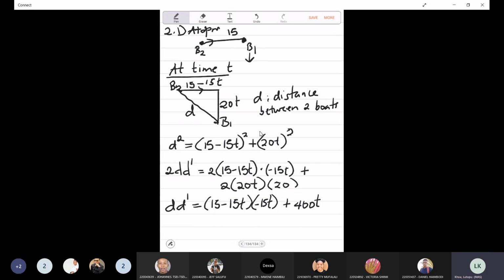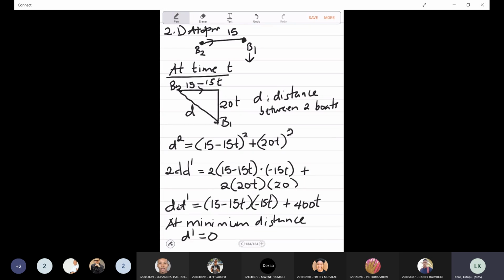Okay, and we want d prime equal to 0, so at the minimum distance, we say that d prime is equal to 0.